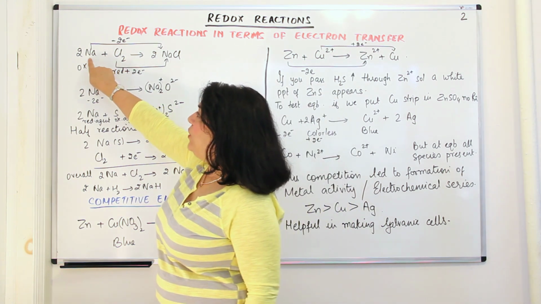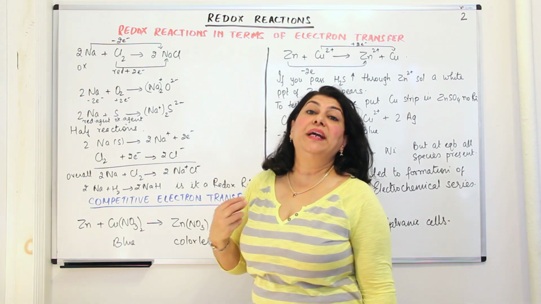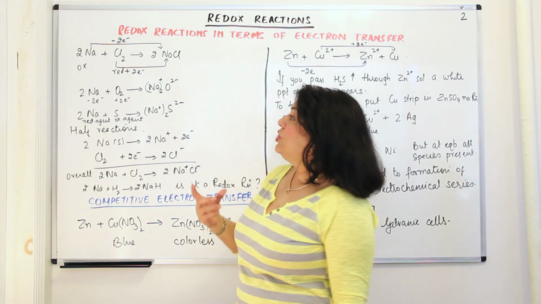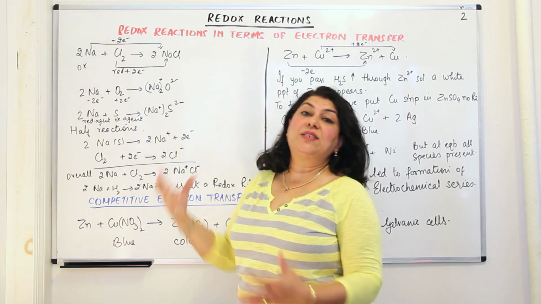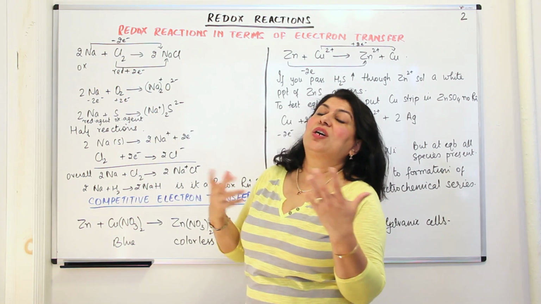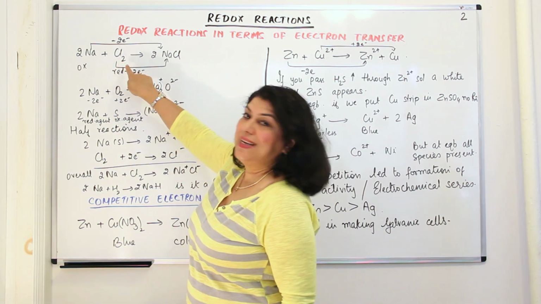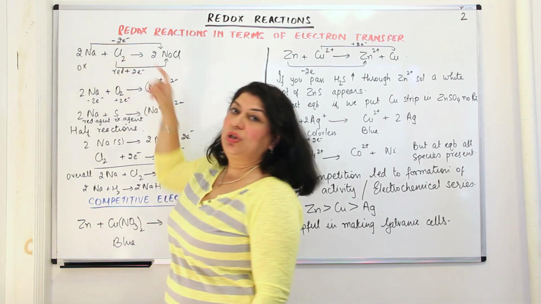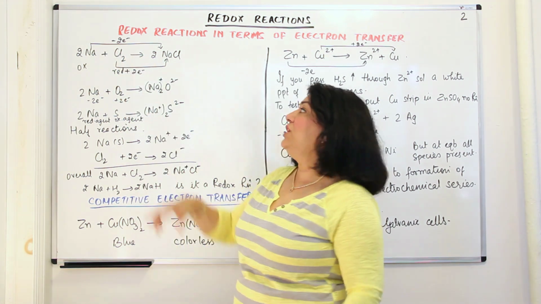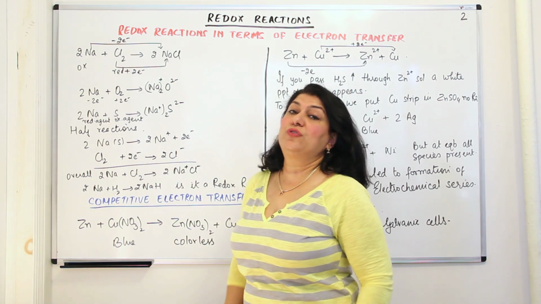The electron that sodium lost, the chlorine atom gains that one electron and becomes a chloride ion. In order to balance the equation, since the chlorine molecule is Cl2, these two sodium atoms will give the two electrons, and both the chlorine atoms will gain one electron each and form two chloride ions, and therefore you will get two formula units of sodium chloride.